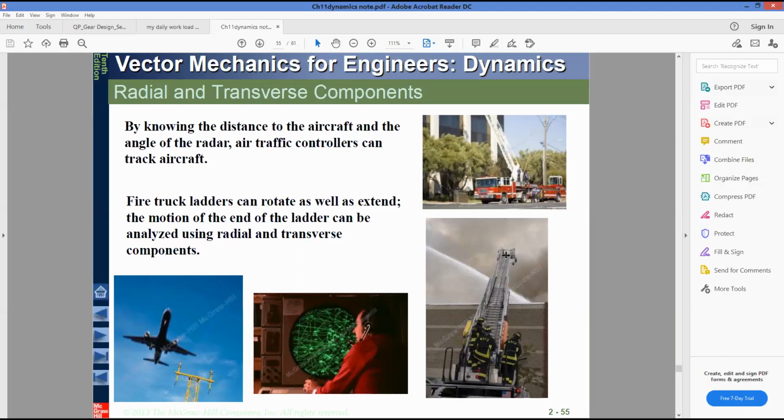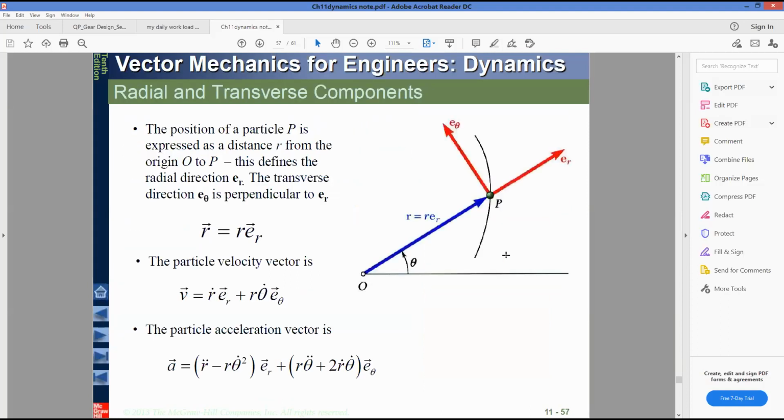So in this radial and transverse coordinate system, how can we define it?